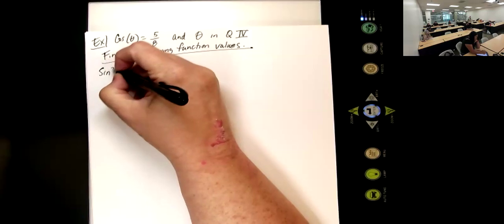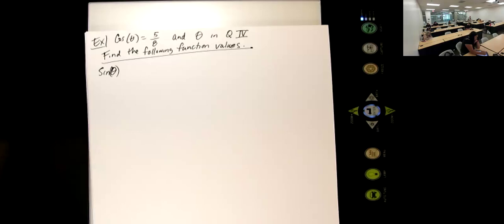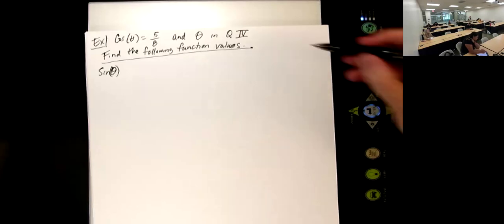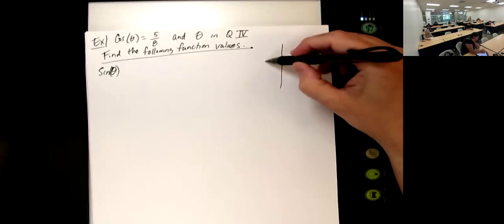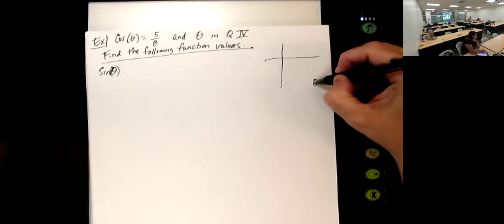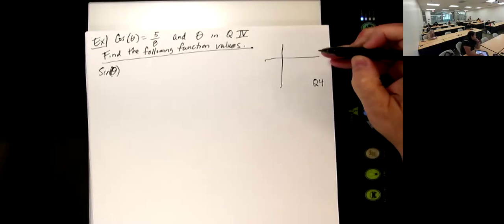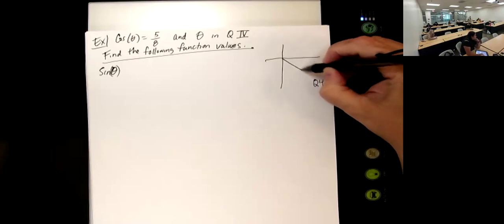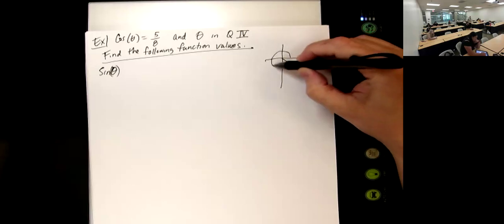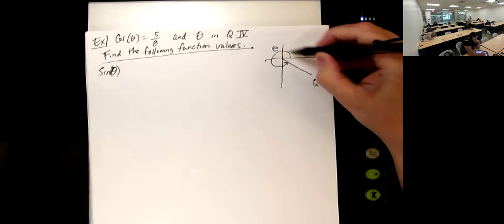Sine theta. That might help you to draw a picture. Quadrant 4 is this one, which means the real theta is doing this.